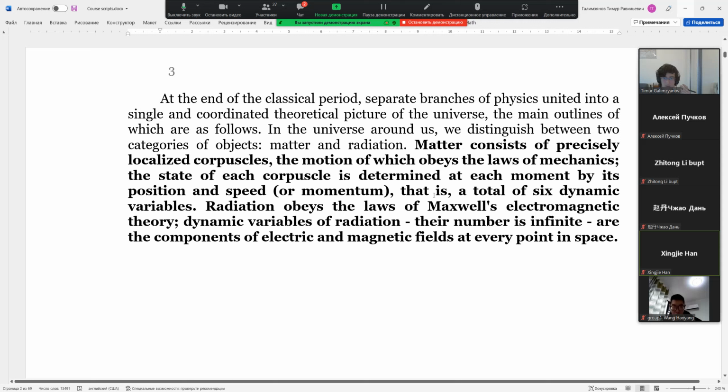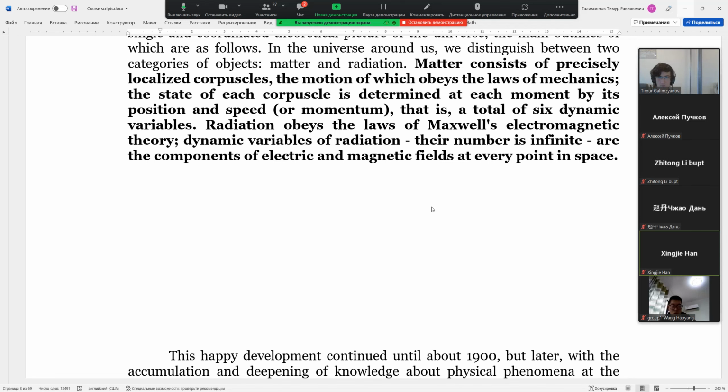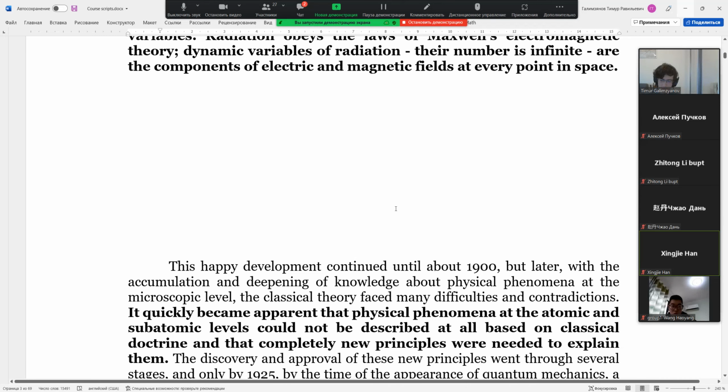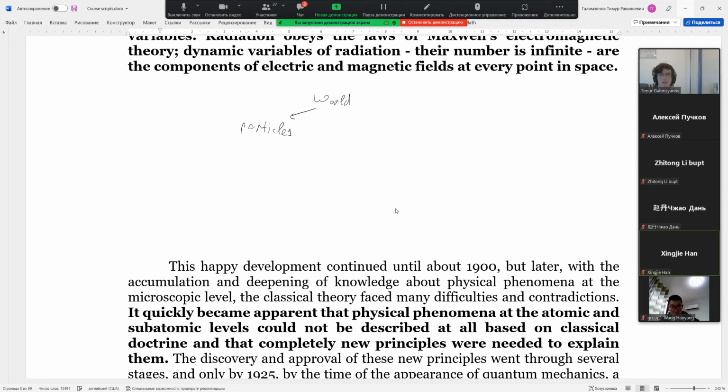I must say that by the end of the classical era, the physicists knew that everything we know about the world, we can describe either as particles, or radiation, or field.